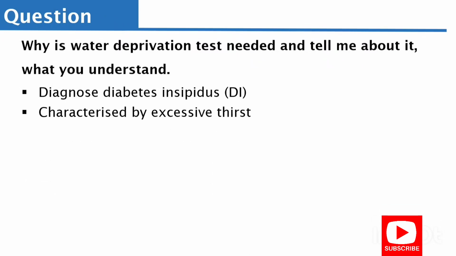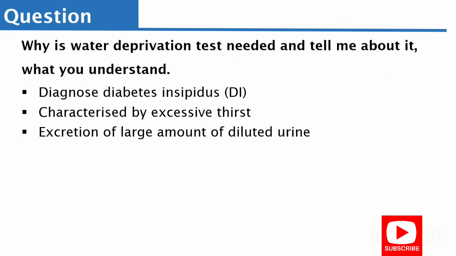Also, it can help to characterize excessive thirst, to know the causes of excessive thirst when someone always wants to drink, as the case might be, okay? Of course, it also helps to look at the excretion of large amounts of diluted urine. So these are the things it can help you to do.